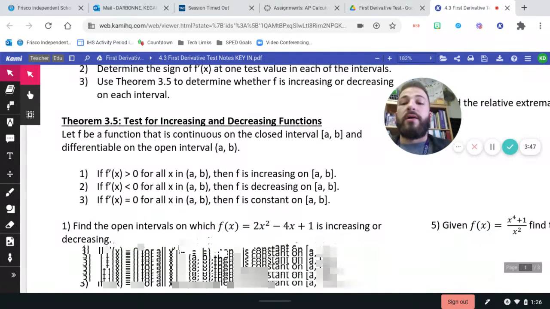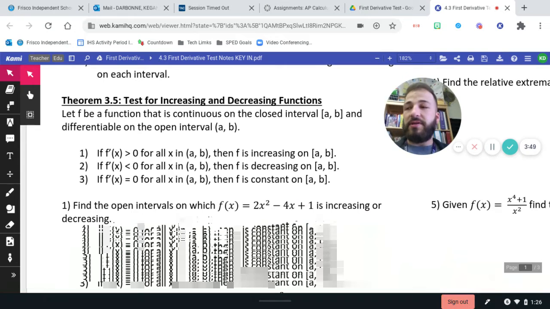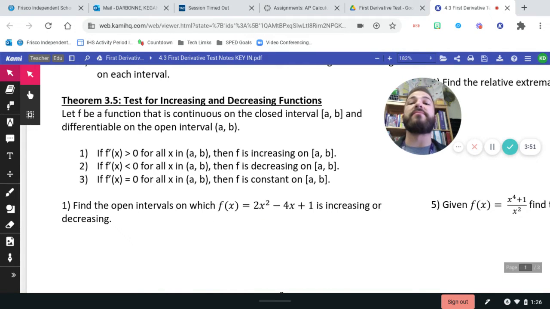Theorem 3.5, don't worry about the number, is really just the test for increasing and decreasing functions. If our first derivative is greater than 0, which means the first derivative is positive on the interval, then f is increasing on that same interval.